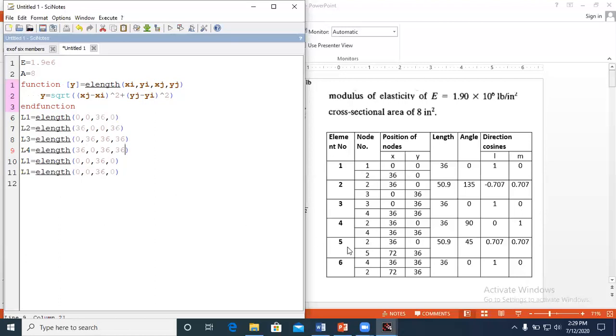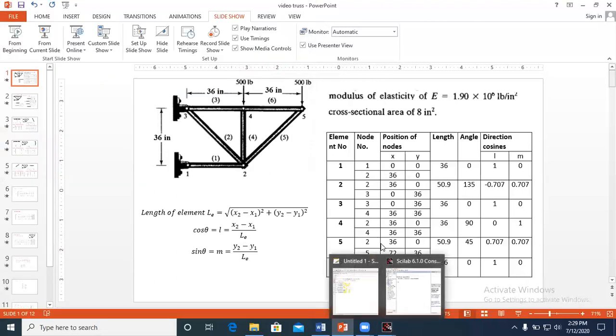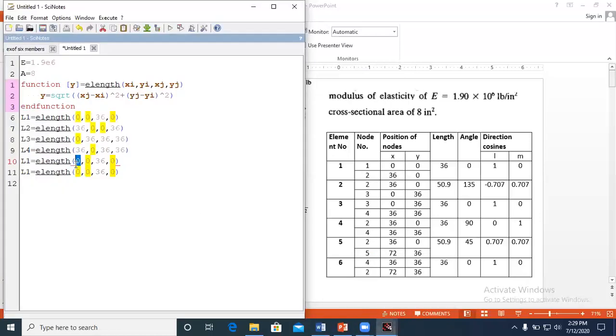Next, for element number 5, coordinates of this node, that is element number 5, node 2 is 36 0, this is your L5, 36 0, and node number 5 is 72 36.